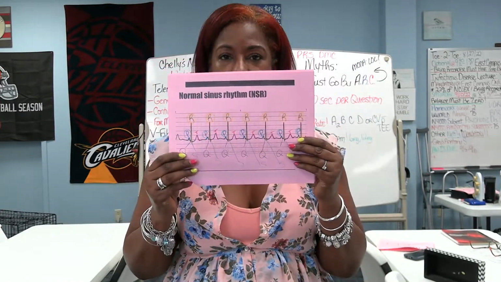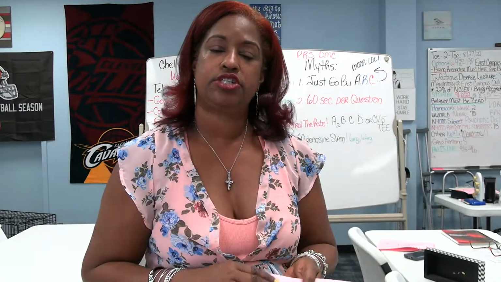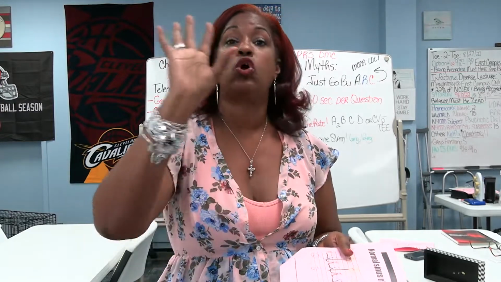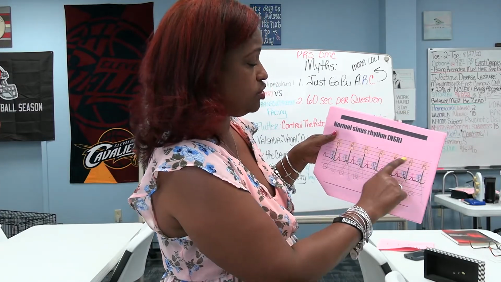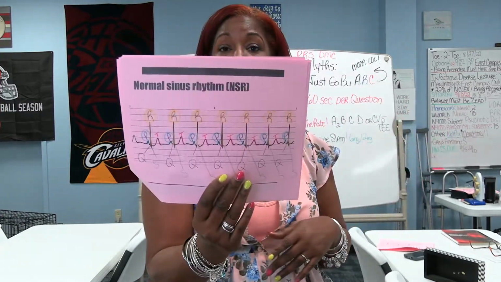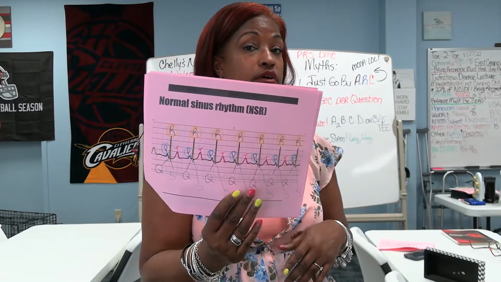No, it pretty much looks really equal. That's how you can determine the regular rhythm of a strip. If the space between the R's is literally equal, then we say, oh, that's a regular rhythm.